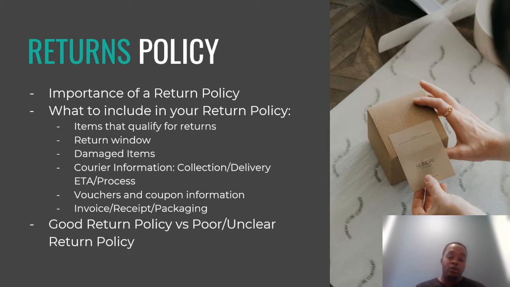Courier information, this could range from your collection, delivery, ETAs, as well as processes that the customer needs to find out, such as who's going to be liable for the return. So it's quite advisable that you touch base on that type of information.